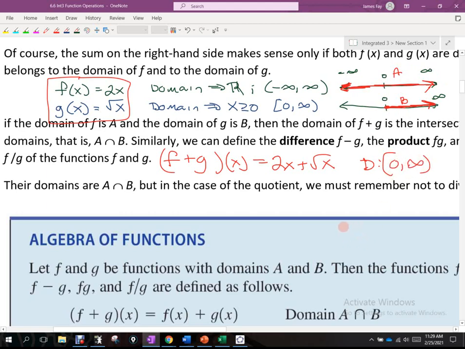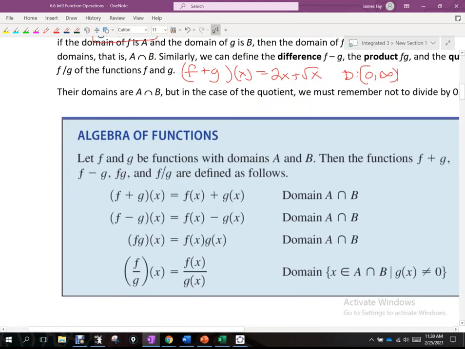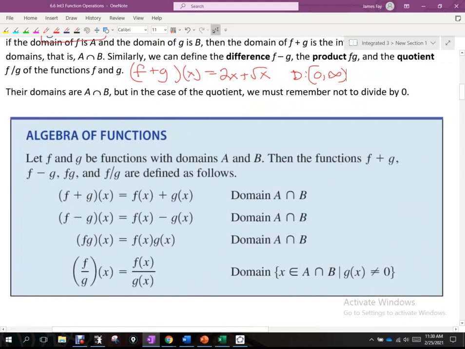And what's nice then is once I find that, for adding them, if I subtract them, same domain. Multiply them, same domain. Divide them, same domain. There's a little bit of a caveat with dividing. We'll talk about that tomorrow, or I guess Monday. But no matter what you do with your functions, this is the algebra rules for functions. Okay, adding, subtracting, multiplying, dividing.